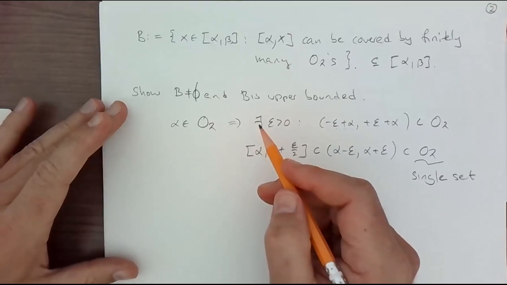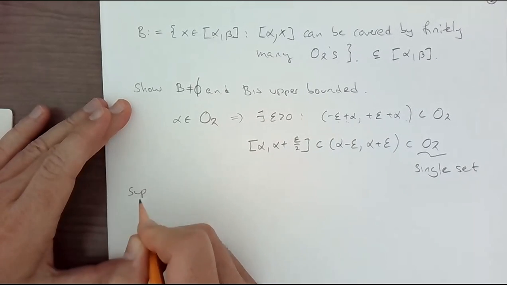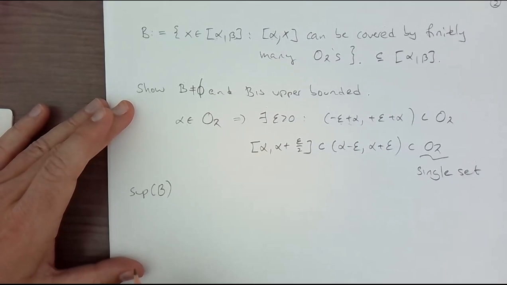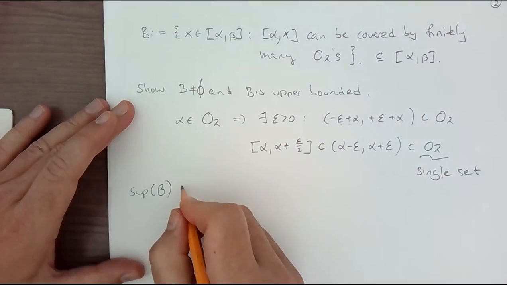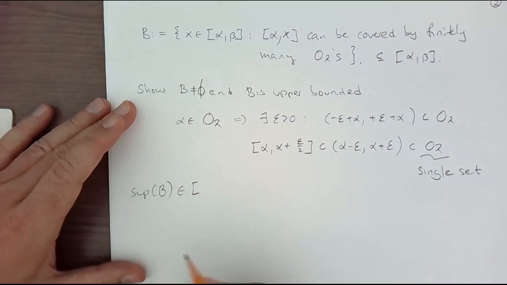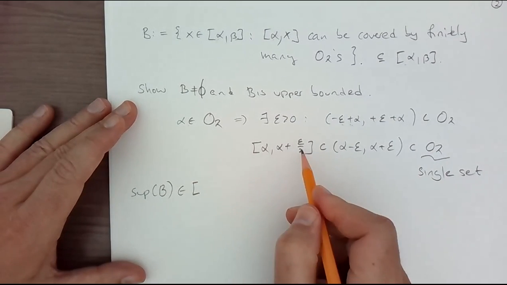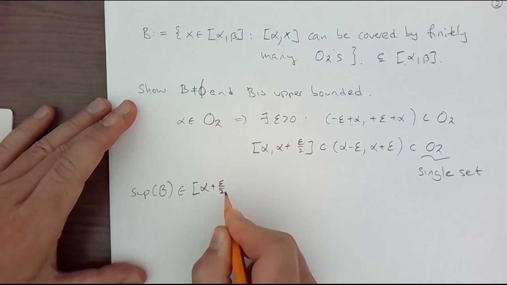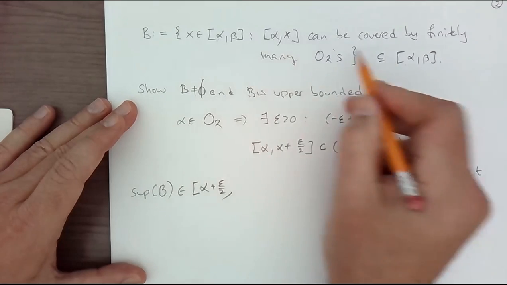So what all this shows is that the supremum of B is a number, and it is some element inside alpha to beta. We can even make it more precise if we want. We know that it's going to be between alpha plus epsilon over 2 and then up to beta.